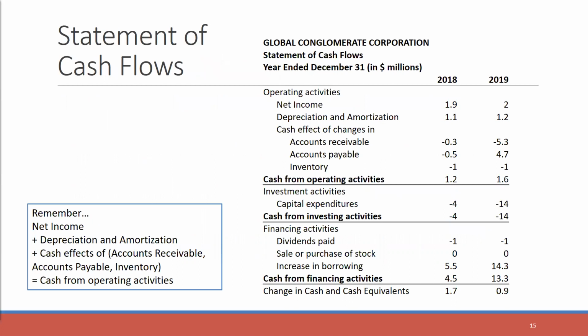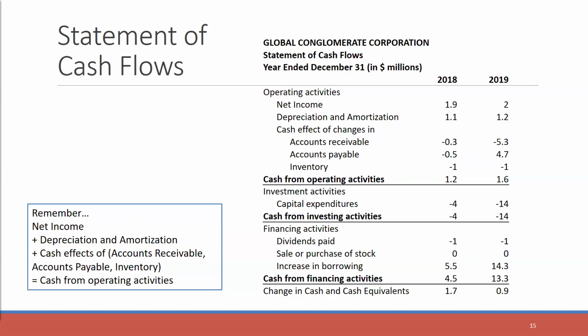So this is our company, and what we observe is that in 2018, if we look at our operating expenses, we had net income of 1.9 million, depreciation and amortization of 1.1 million, and then we've got the different cash effects for changes in accounts receivable, accounts payable, and inventory. Now, in order to get our cash from operating activities, we're going to take our net income, and then we add up everything. And we add back our depreciation, our cash effects for changes in accounts receivable, payable, and inventory, we get our cash from operations.